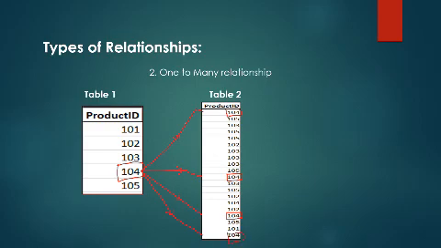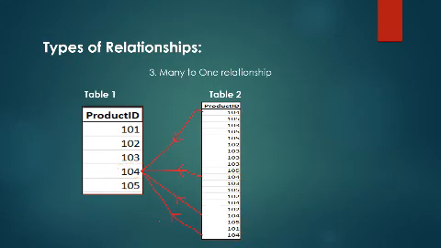For each record, we have different records in the other table. That means for one record we have multiple records in the other table, so that is called a one-to-many relationship.